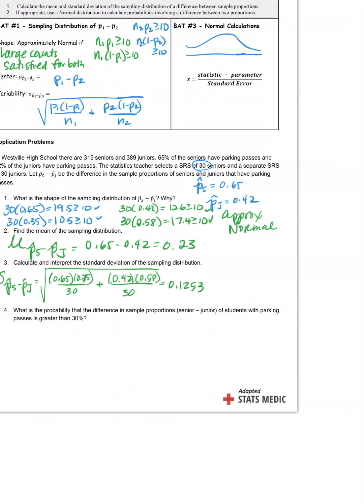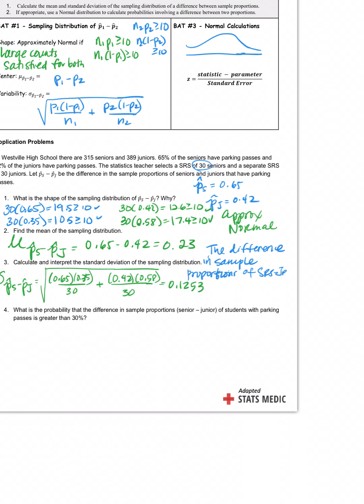Now I need to interpret. So here's our interpretation. The difference in sample proportions of juniors, or no, I should say seniors first.